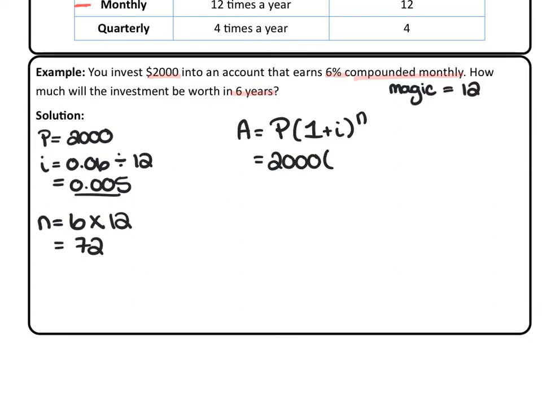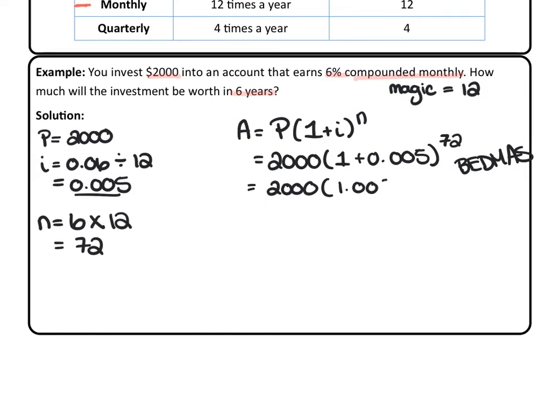P is 2,000. 1 plus 0.005 to the exponent of 72. Again, don't forget that we need to follow BEDMAS, so we'll do our brackets first. 2,000. 1 plus 0.005 is 1.005 to the 72.